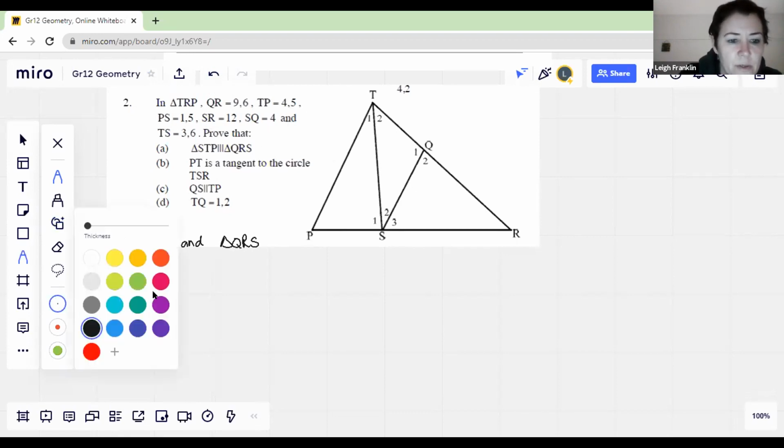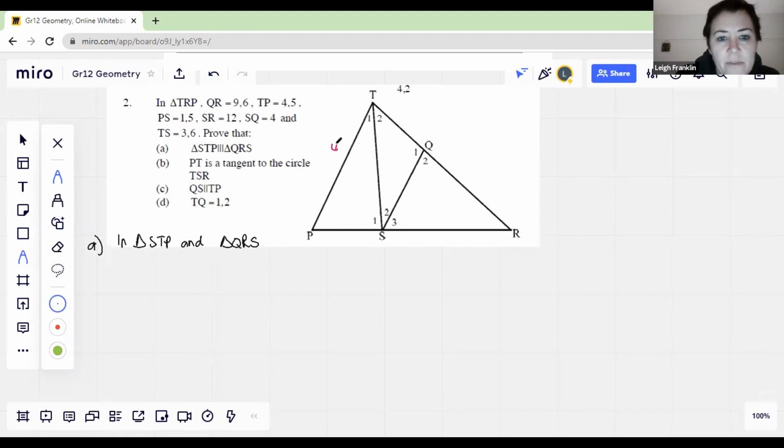I suppose we can put those values in. PS is 1,5. SR is 12. SQ is 4. And TS, this one over here, is 3,6.